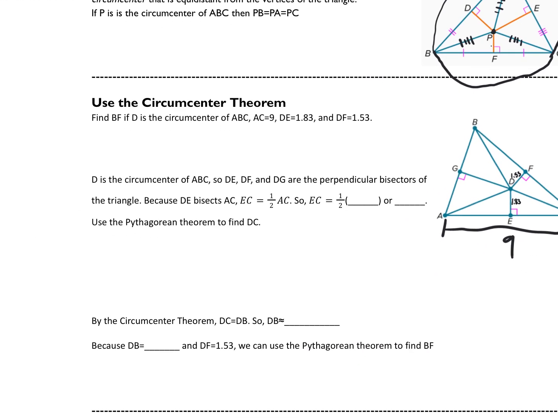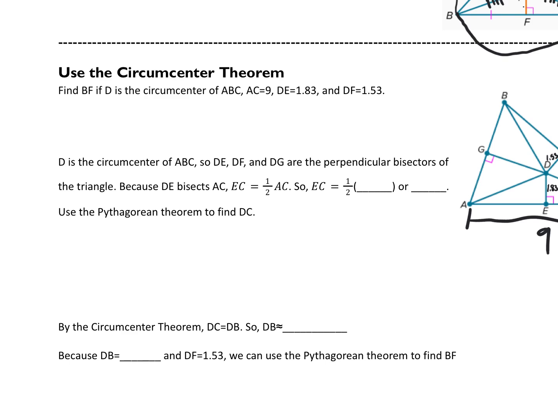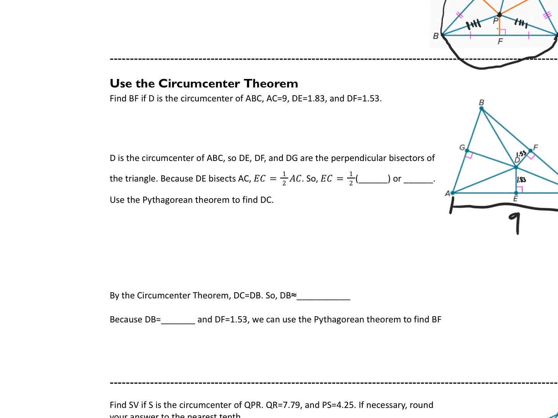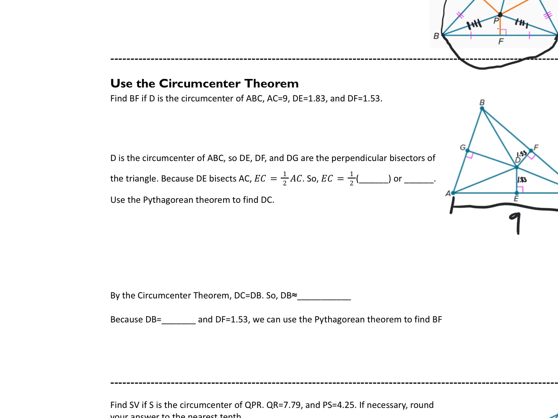Now, D is the circumcenter of ABC, so DE, DF, and DG are the perpendicular bisectors of the triangle. And because DE bisects AC, that means EC is equal to half of AC. So EC is equal to half of 9, or 4.5.